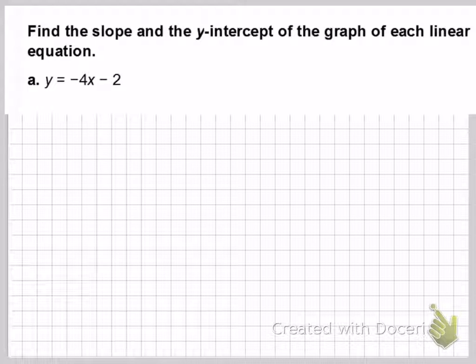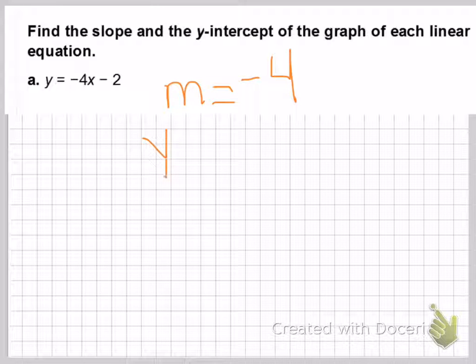So here's a question. Find the slope and y-intercept of the graph of each linear equation. So the slope, in this example, we're going to represent slope with m, is -4, because that's where the x is.